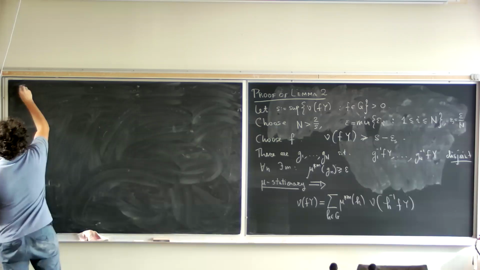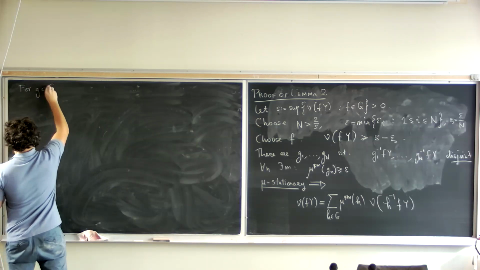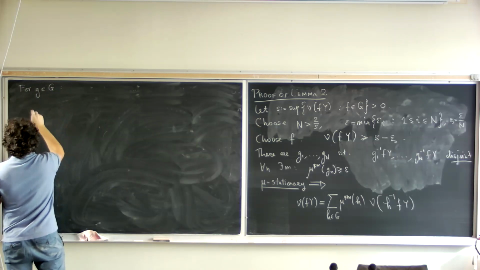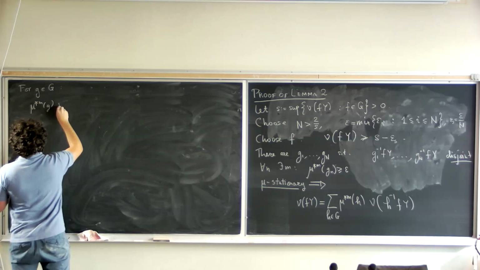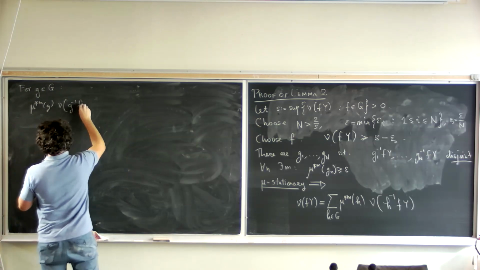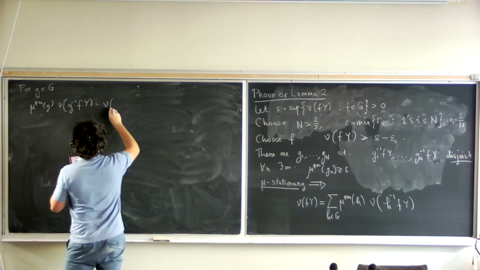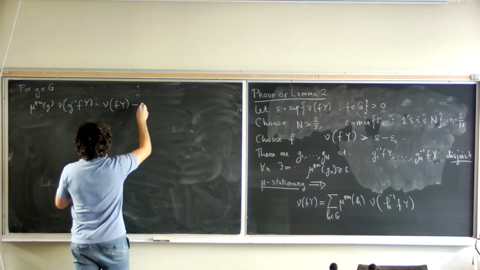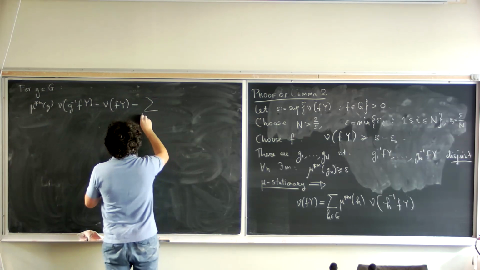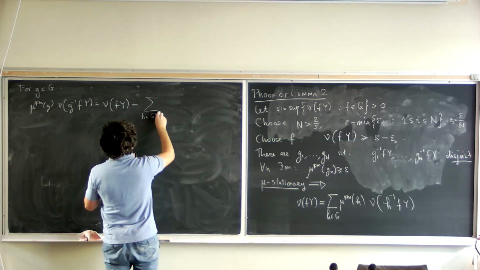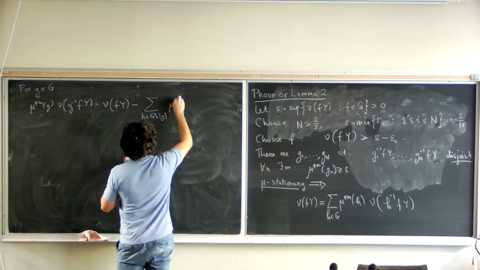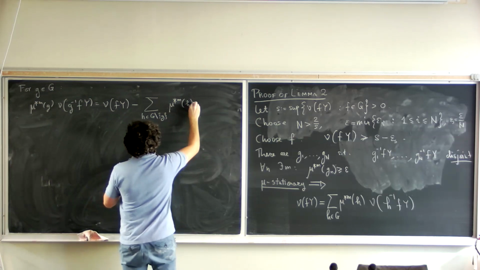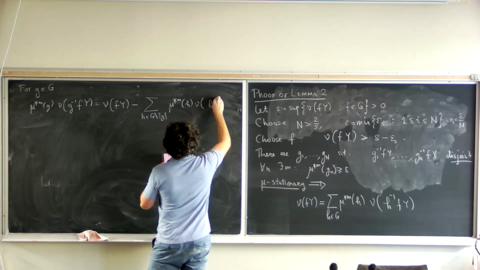So for G in the set, we can write mu star m of G times nu of G inverse Fy as nu of Fy minus everything else, the sum over H in the set different from G of mu star m of H times nu of H inverse Fy.